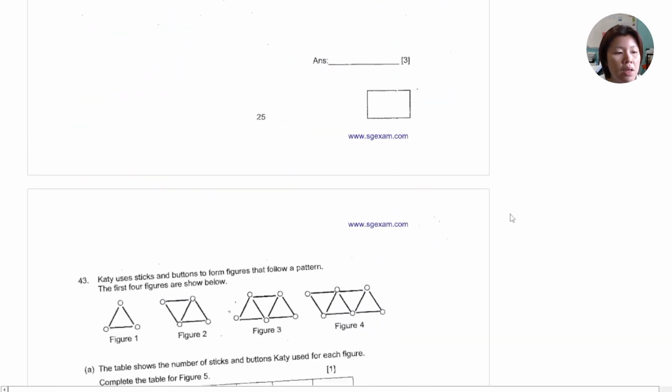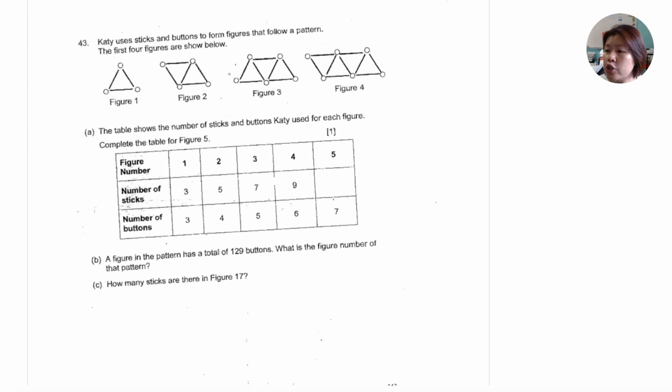Okay, let's move on to the last question, which is pattern. So as you can see here, my number of sticks, each time I move is plus 2.